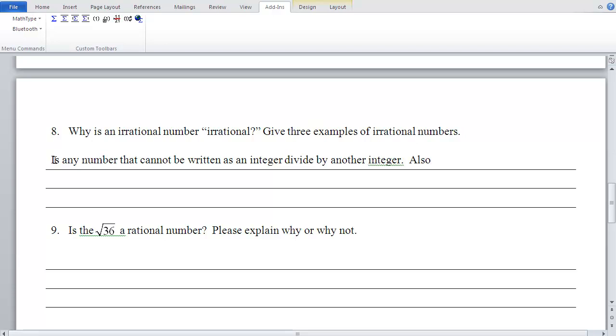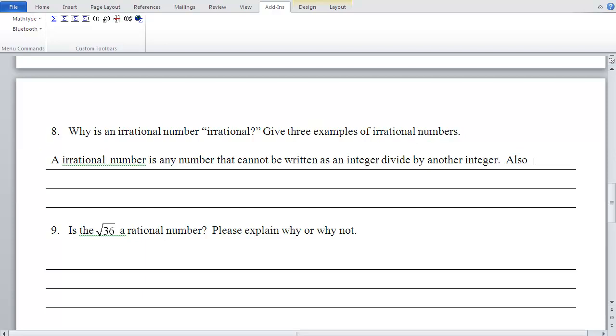Also, I need to go back and fix this, people. Irrational number, there we go, is any number that cannot be written as an integer divided by another integer.